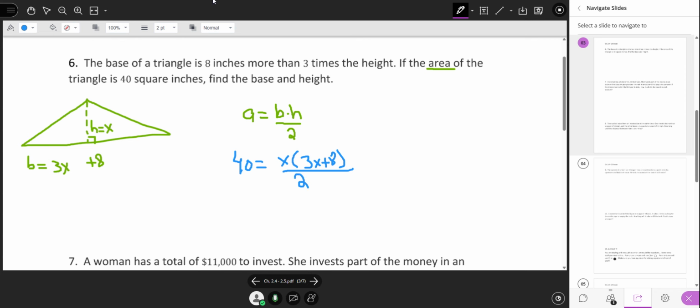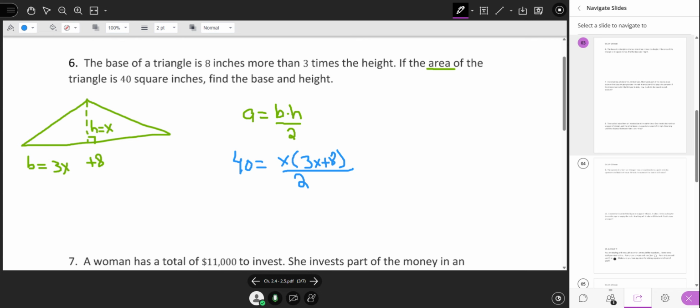Put this in Desmos just as is. So 40 equals fraction bar x parenthesis, go down and put a 2, and now fill in the parenthesis. 3x plus 8 gives me 2 answers. Negative 6.6 repeated forever, and positive 4.